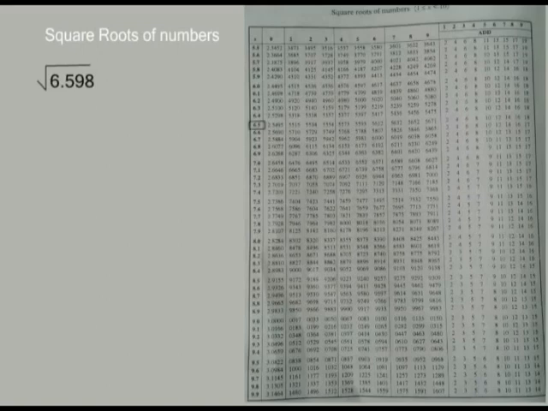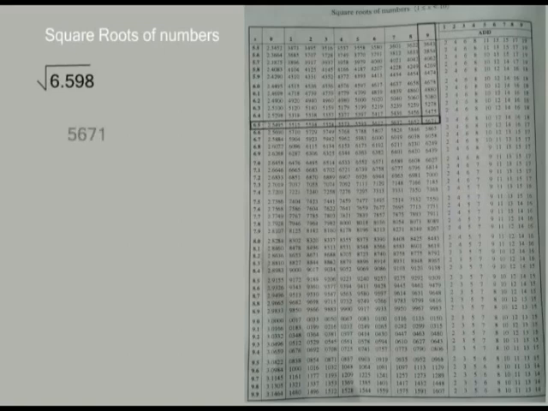6.5 is here. If you look at the column of 0, the figure is 2.5495. But looking at the columns of 1, 2, 3 up to 9, there is no decimal indicated. What that means is that all the numbers in this row start with 2 points, even though it's not written. So we go to the column of 9. They coincide here.